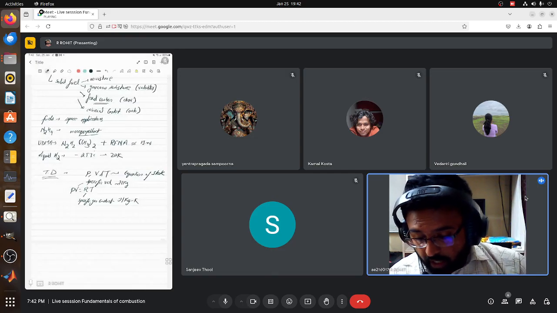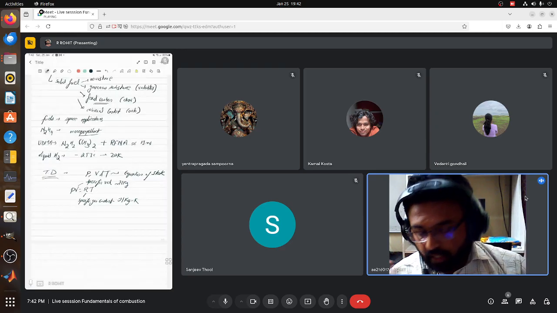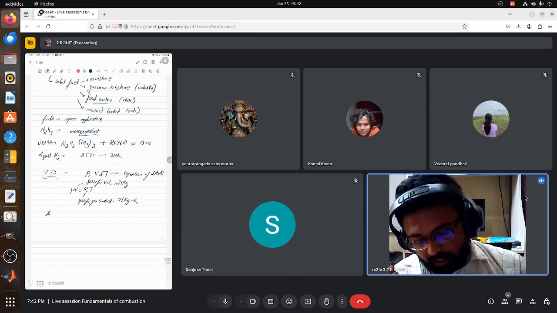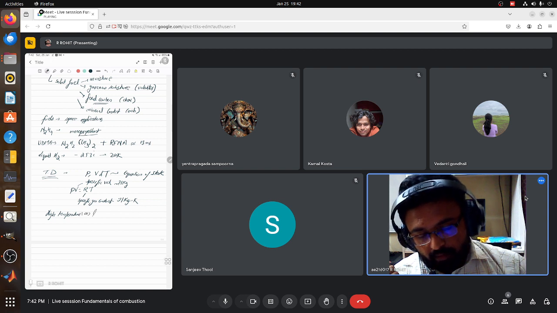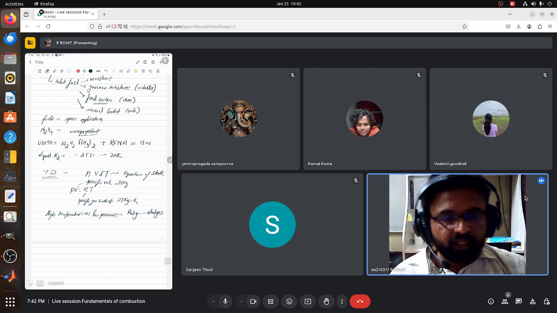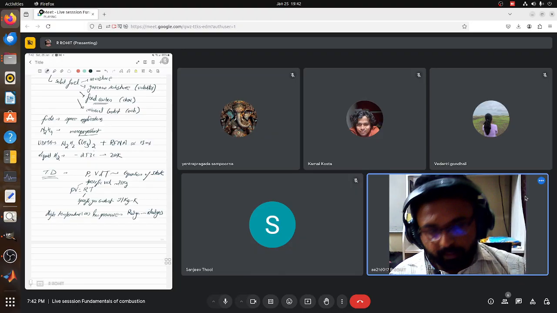No real gas will follow this ideal gas law exactly. Real gases have different van der Waals equations, and different real gas equations are present. But most real gases behave like an ideal gas at high temperature or low pressure. In most of the engineering applications that we look into, this works pretty well because we are dealing with very high temperatures.